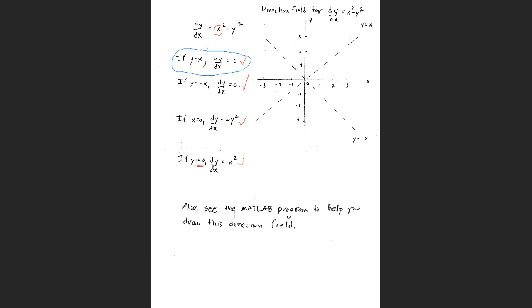Along the line y equals x, dy dx equals 0. Dy dx is a derivative. And a derivative geometrically stands for what? A derivative geometrically stands for, that's right, a slope. That's right, Ann. That's right, Justin.